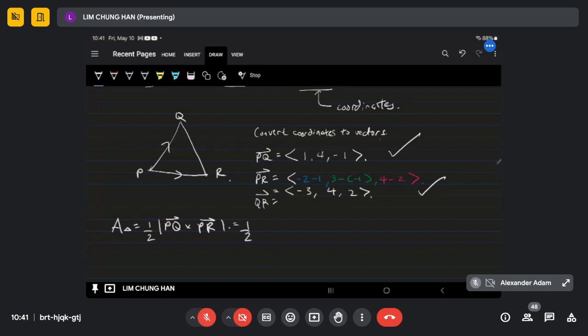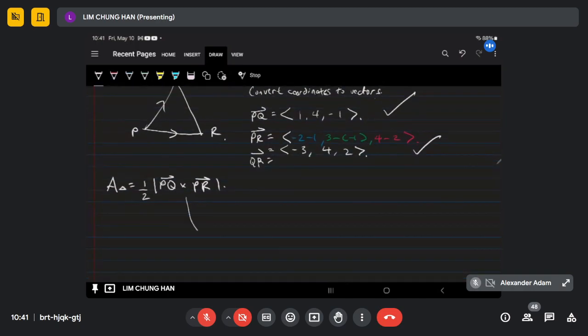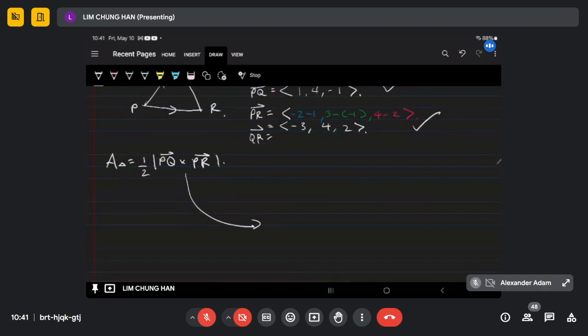So half magnitude PQ cross PR. Normally I do the PQ cross PR first separately, because the matrix is a bit complicated.